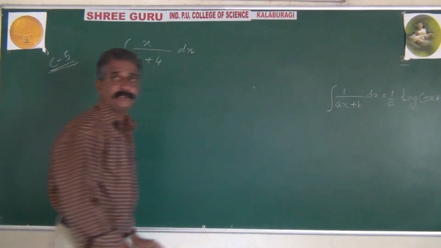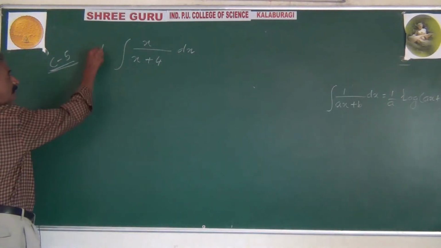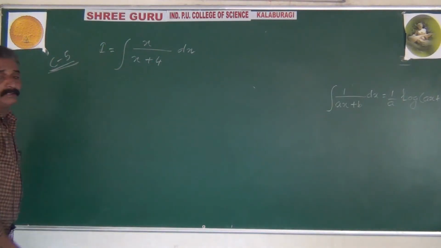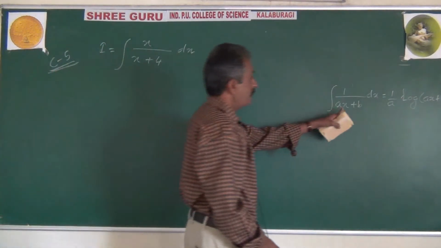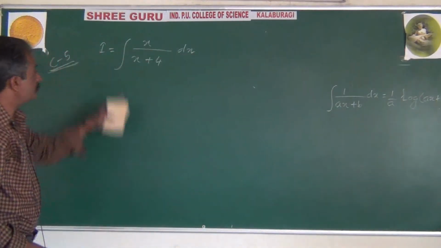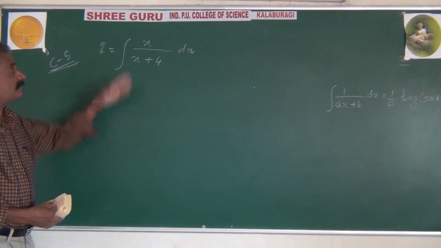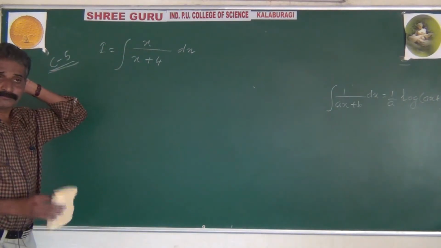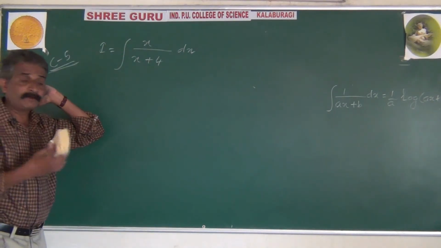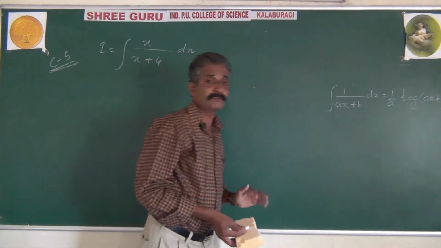First step, let I equal to the given problem. Right now this formula we cannot apply because there is an extra term x in the numerator. But you can't take x outside the integration.